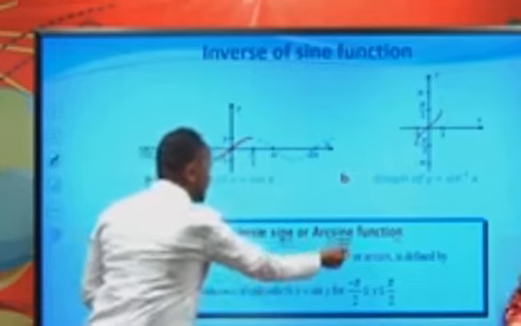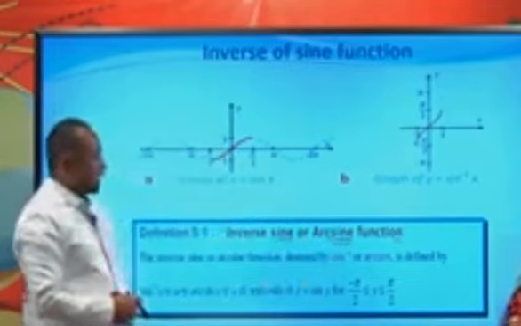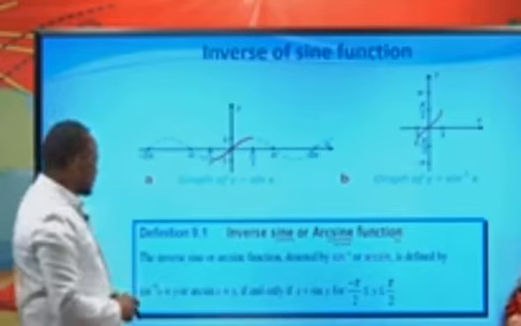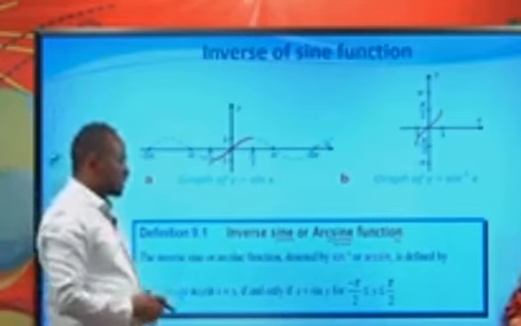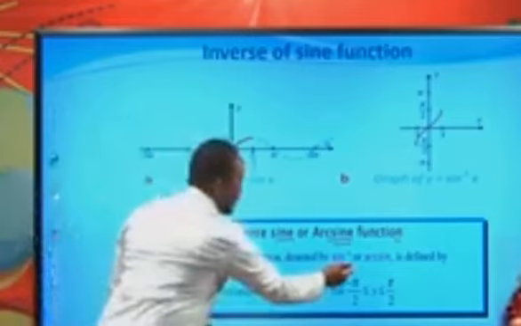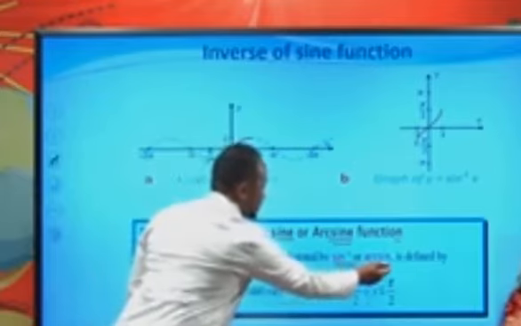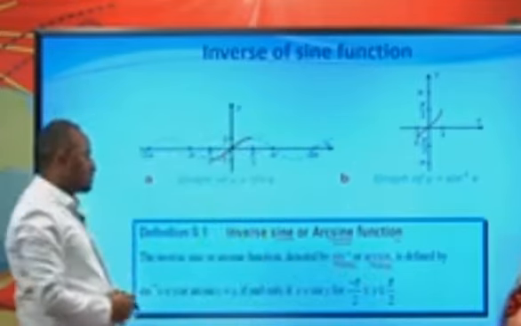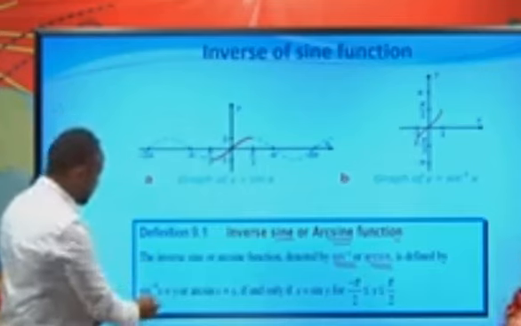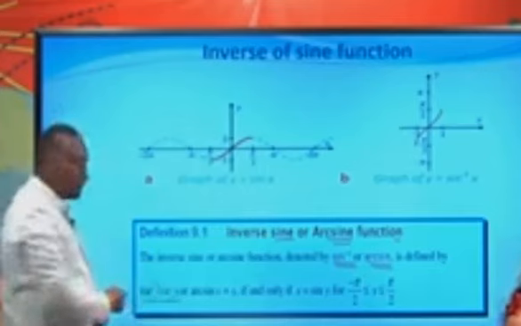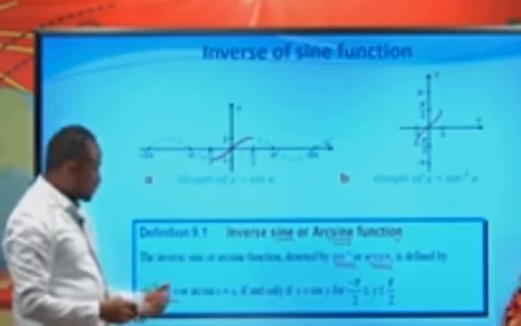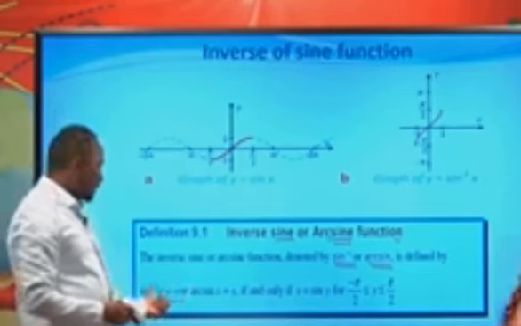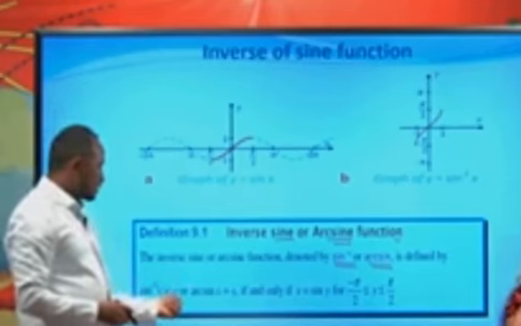The inverse of sine is denoted by sine inverse or arc sine, and it is defined by sine inverse of x equals y, or arc sine of x equals y.